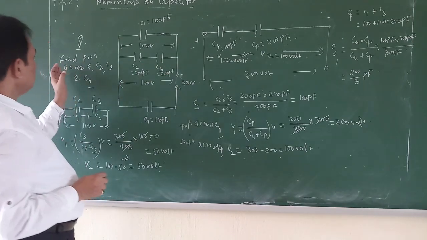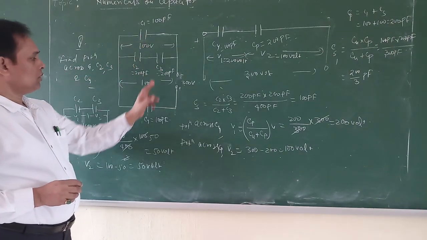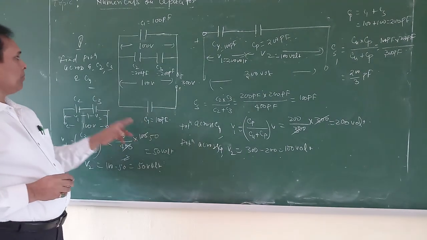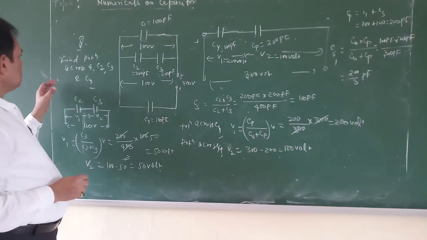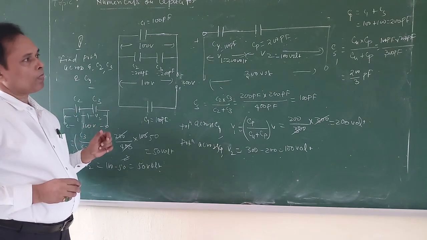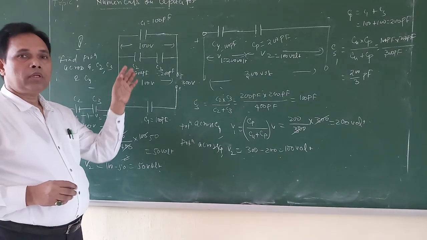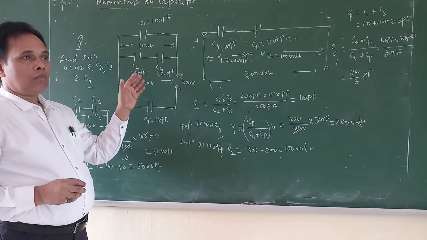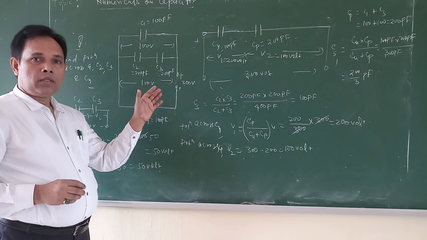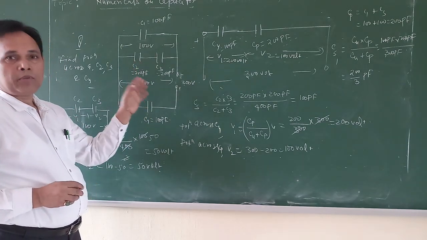We have to find the potential across C1, C2, C3 and C4 as well as the charge on these capacitors. So before finding the potential across each capacitor, let us find the equivalent capacitance of this grouping of capacitors.